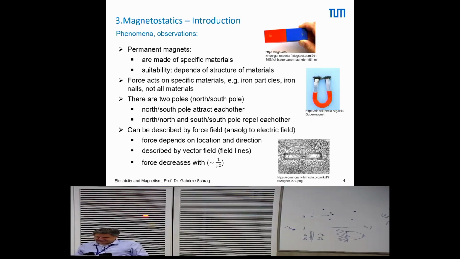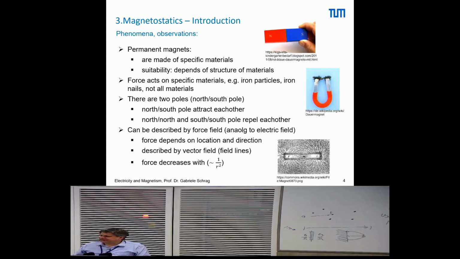So this magnetic field can be described by a force field, in analogy to the electric field. The force depends on location and direction, so it can be described by a vector field. We have field lines, and also the forces.